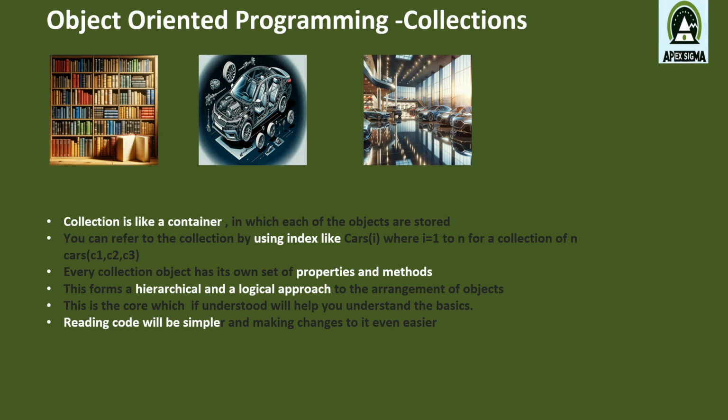Till now we saw singular objects, but we have a concept of collections. Now what's a collection? We spoke about a book, a car, a pen, but in VBA or in programming languages in general, you also have something called a collection. Now a collection is a type of object which is in multiples of a base object.